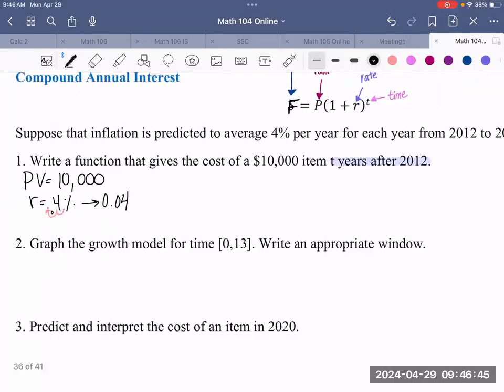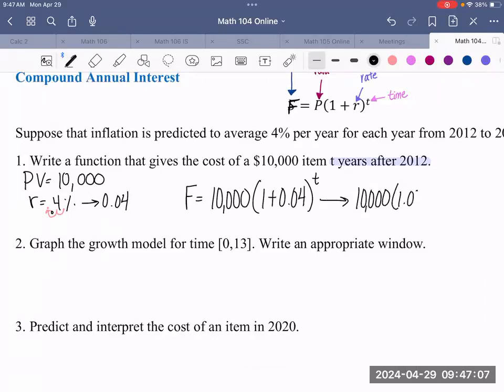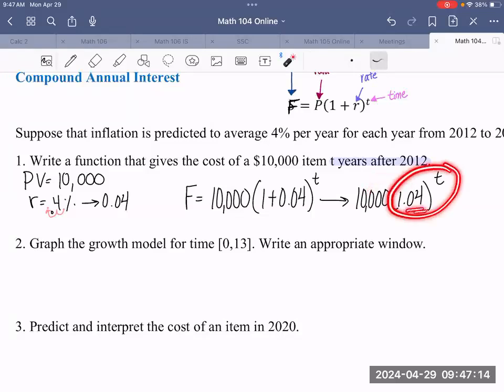So now we're going to say your future value is equal to your $10,000, 1 plus your rate, 0.04, raised to, right now, we're just going to use it to the T. Now let's clean that up a little bit and say we have 10,000 times 1.04 to the T. And no, you cannot multiply this 10,000 to this value because 1.04 has your variable in it.